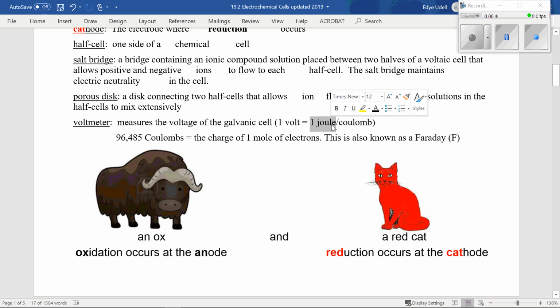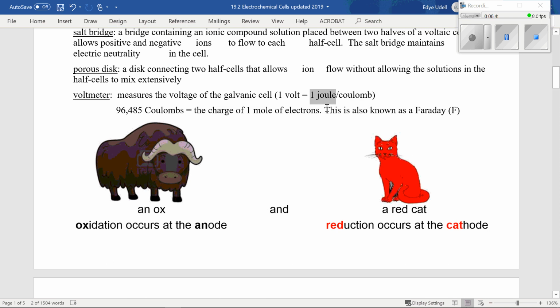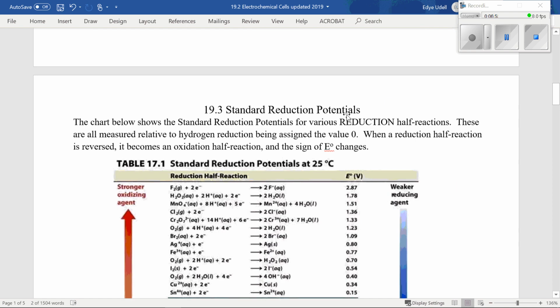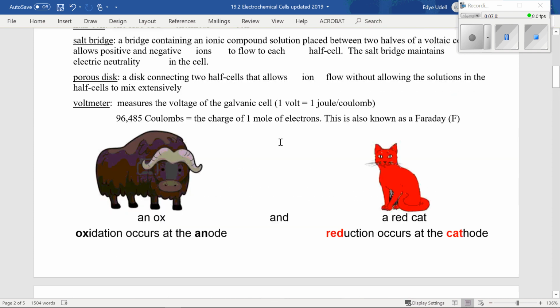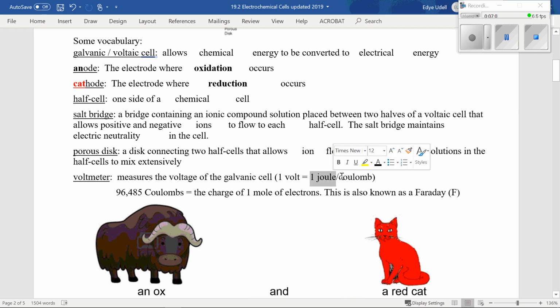If you reverse a reaction, the energy changes, but you still have the same number of coulombs, because the coulombs are based on the charge of the electrons. If I doubled this first reaction, I would double the number of electrons, and I would also double the energy. So the ratio of energy per charge does not change.